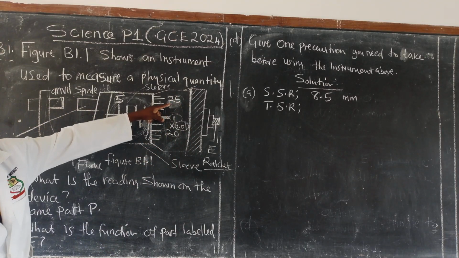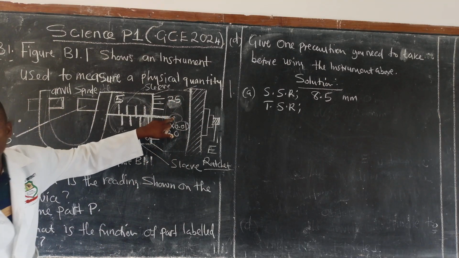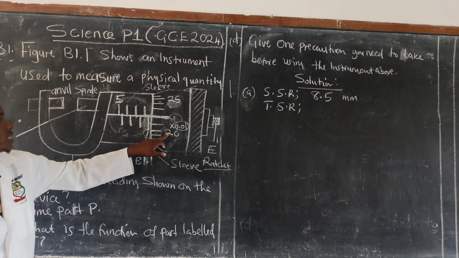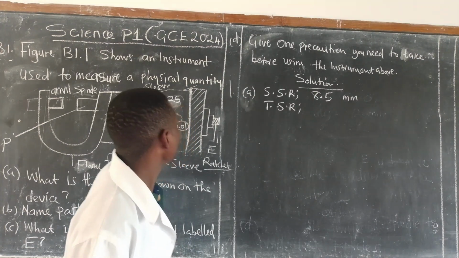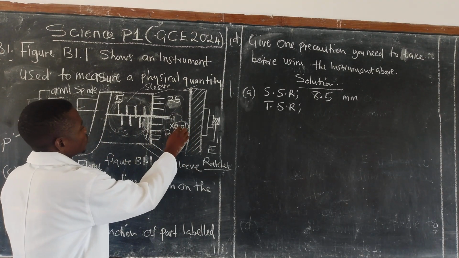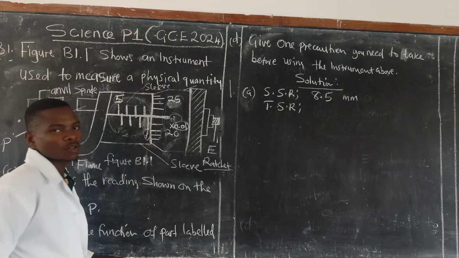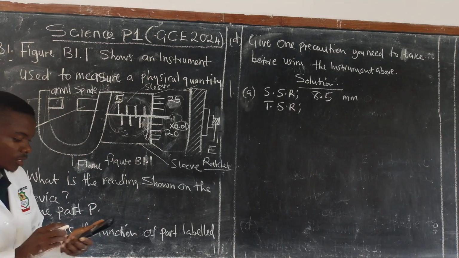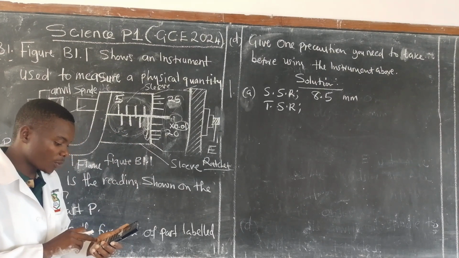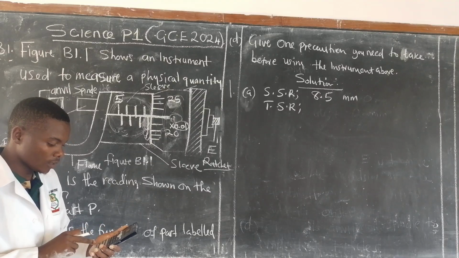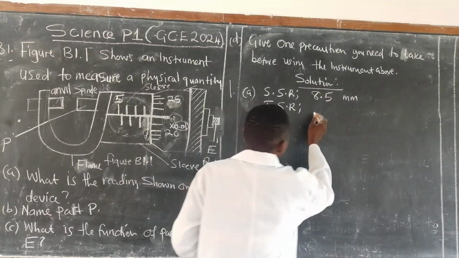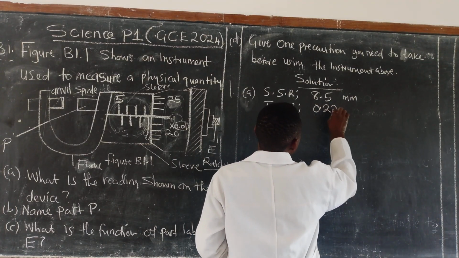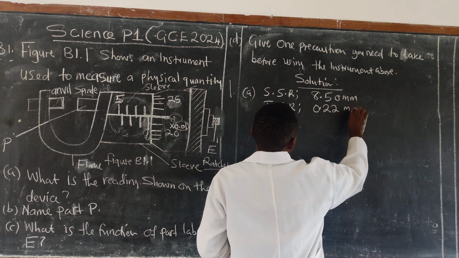So this mark is the one that we consider now: 20, 21, then 22. What do we do to 22? We always multiply with 0.01, the accuracy of the micrometer screw gauge. So we multiply 0.01 times 22. I have 0.22. So that's the answer that I have.